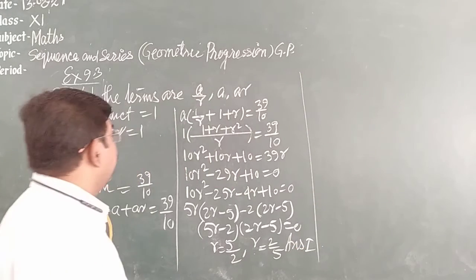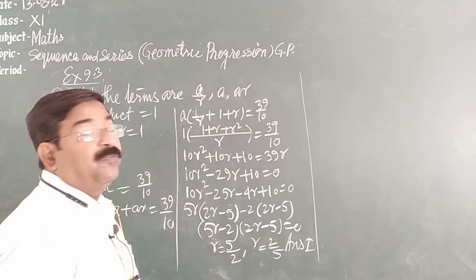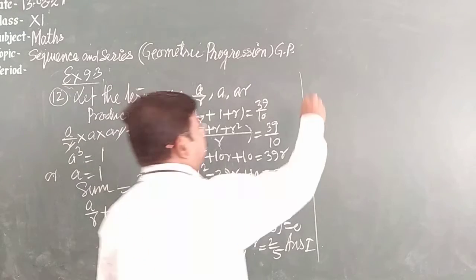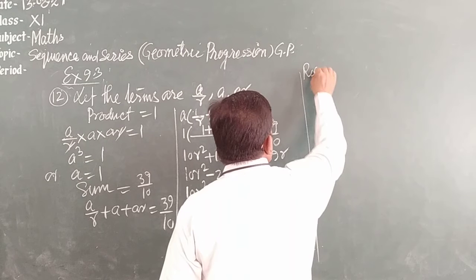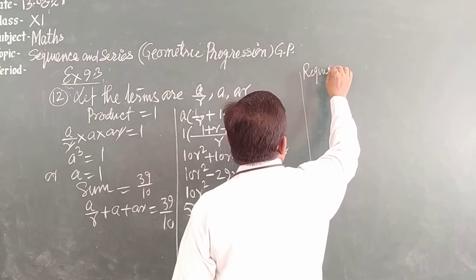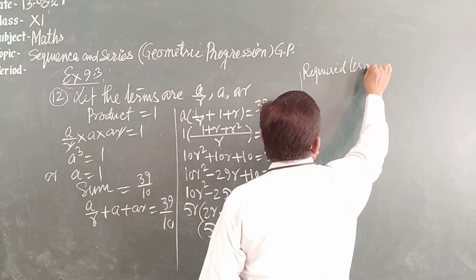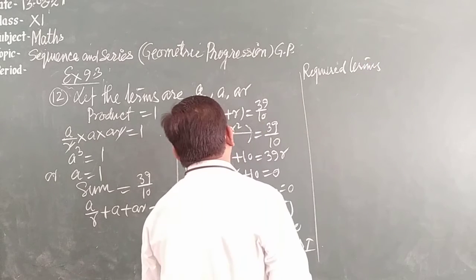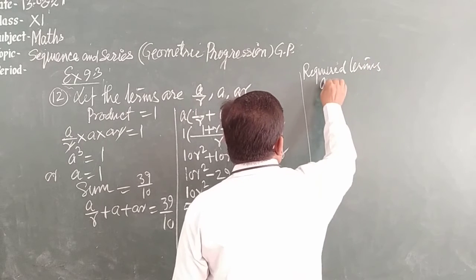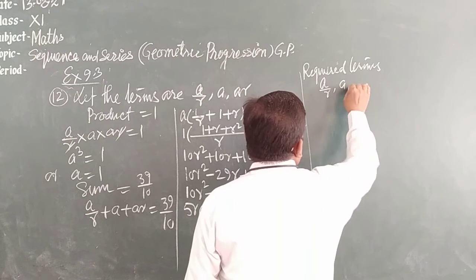So we have got the value of a, we have got the value of r. Now get the terms. The required terms are a by r, a and ar.